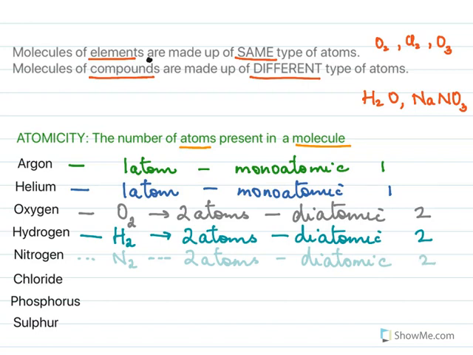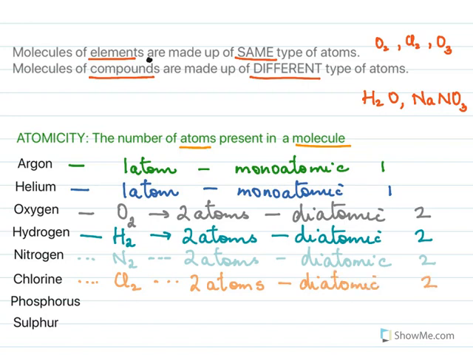That is 2. Atomicity 2. Chlorine. Chlorine is Cl2, which is made up of 2 atoms. 2 atoms means diatomic.